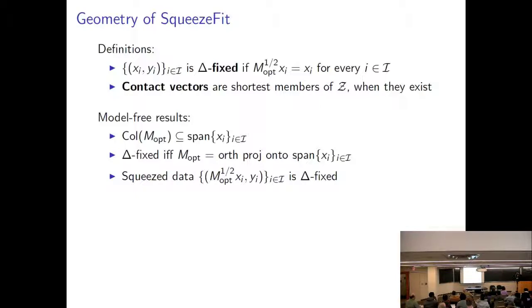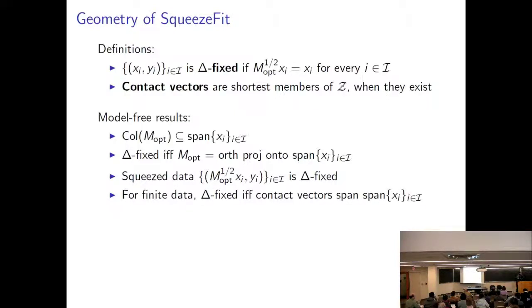I really like this one. Don't bother running SqueezeFit twice. You run SqueezeFit, you apply the square root of the optimizer to your data, then the result is delta fixed. So if you were to try to squeeze it further, you wouldn't get anywhere.